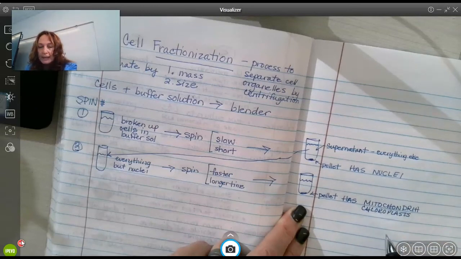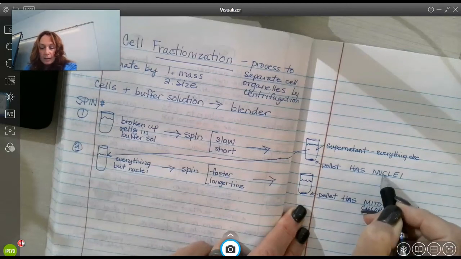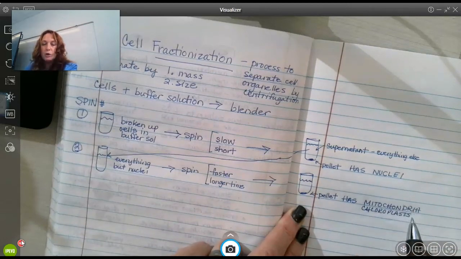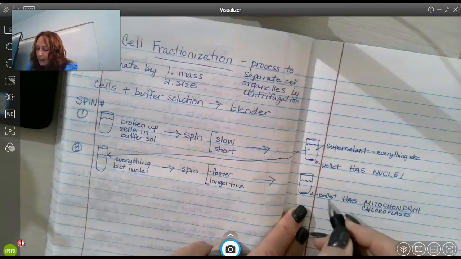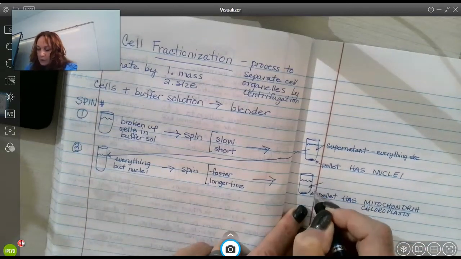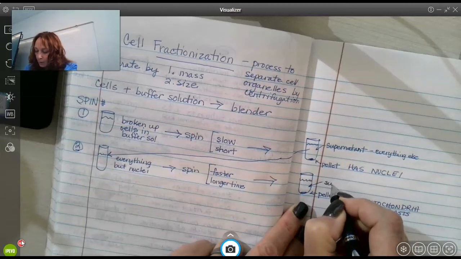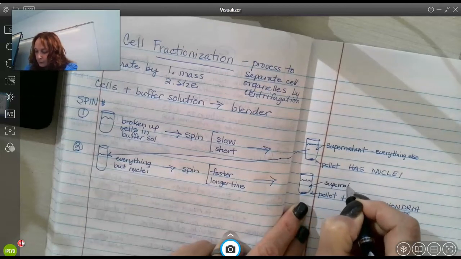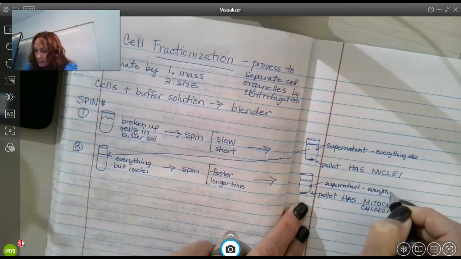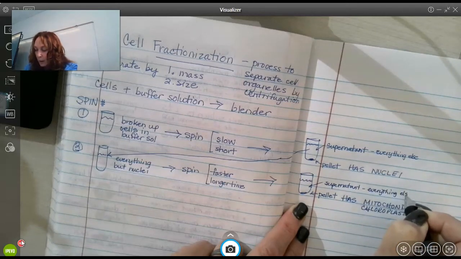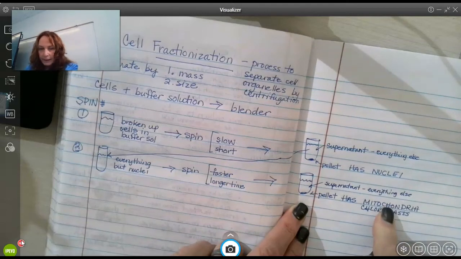So if we're ranking organelles in size, spin 1 gets the big guys, nuclei. Spin 2 gets the next big guys, mitochondria and chloroplasts. And whatever is left in the supernatant, you know what I'm going to write here. Supernatant has everything else, not the nuclei, not the mitochondria and the chloroplasts, but everything else.